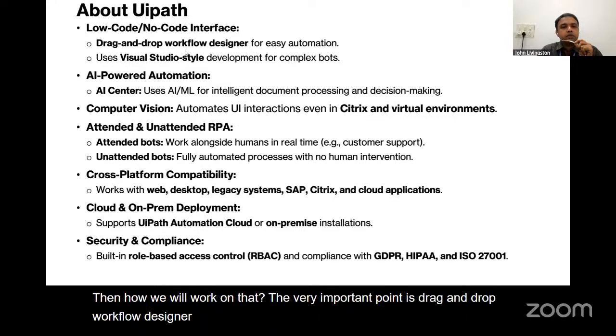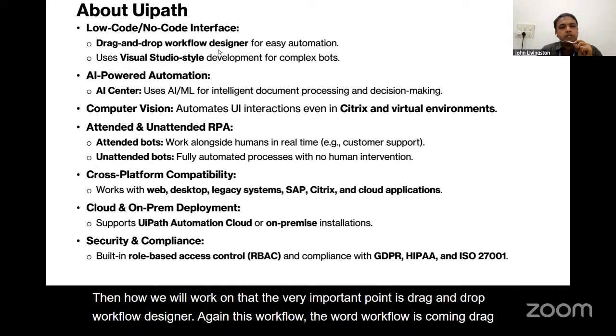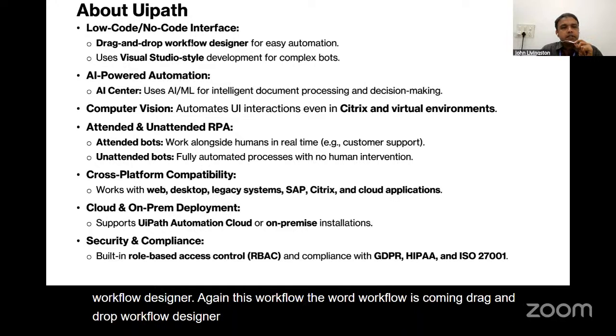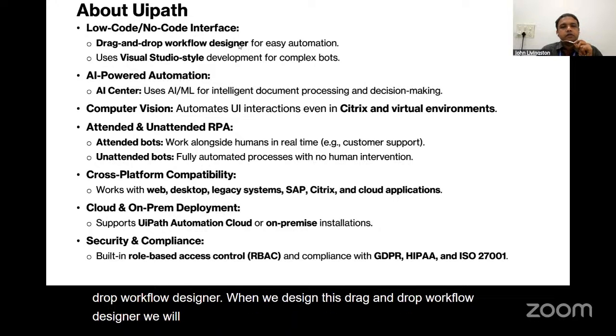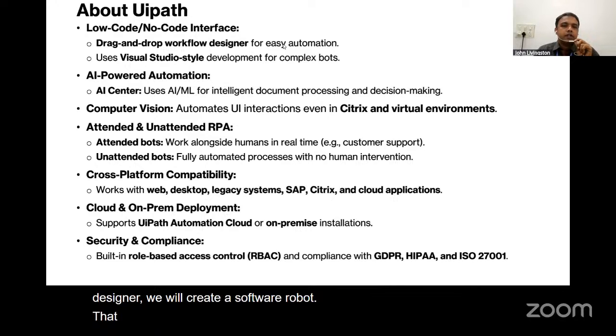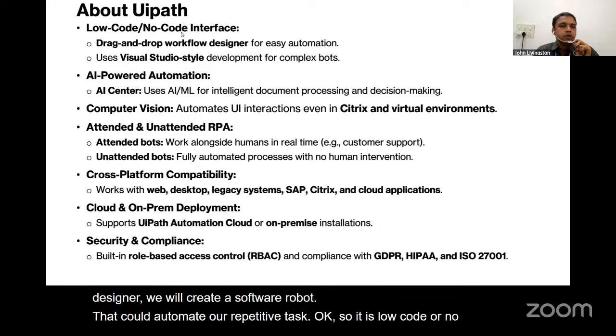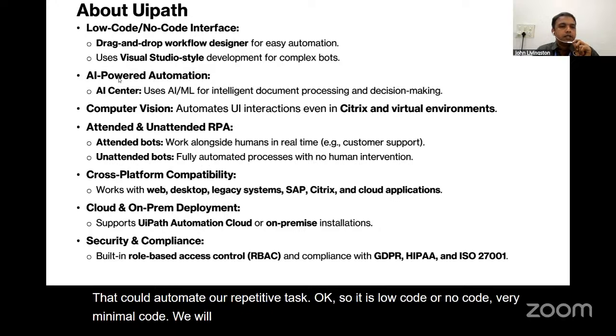Again, the word workflow is coming: drag and drop workflow designer. When we design with this drag and drop workflow designer, we will create a software robot that can automate our repetitive tasks. So it is low code or no code; we will use very minimal code. It is AI powered and it can go with attended and unattended RPA.